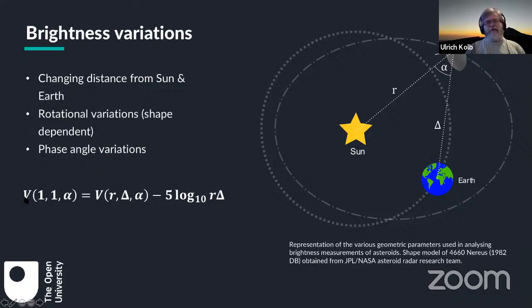And if you want an equation written down, then the V magnitude of an asteroid will depend on r, delta and alpha.